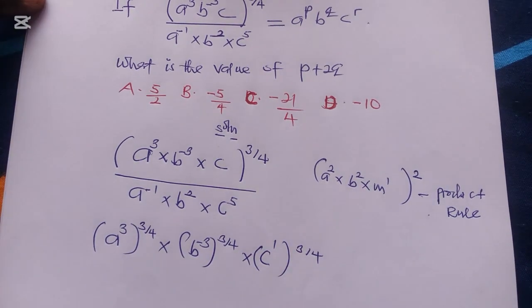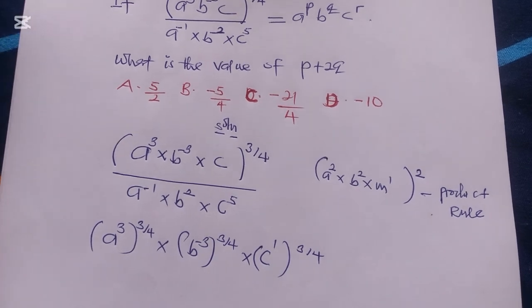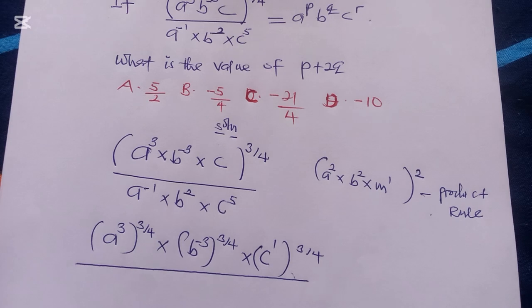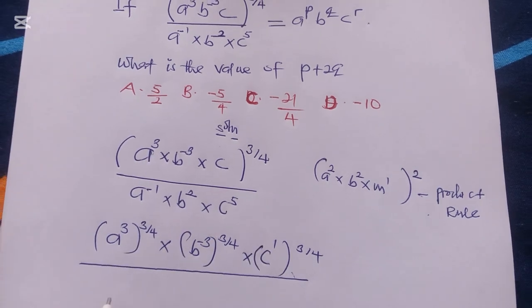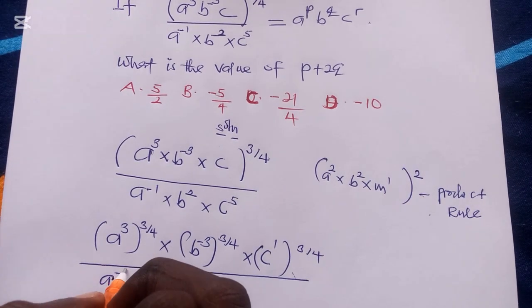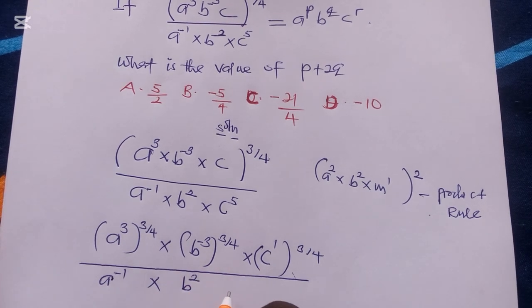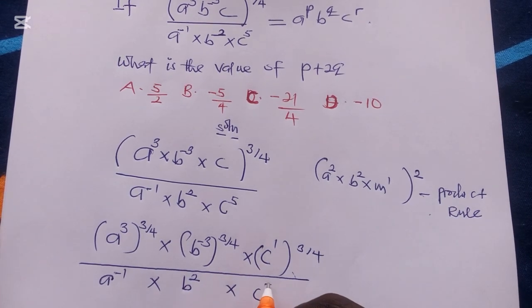Now we have distributed the power over each factor. Then we divide everything by a raised to the power minus 1 multiplying by b raised to the power 2 multiplying by c raised to the power 5.